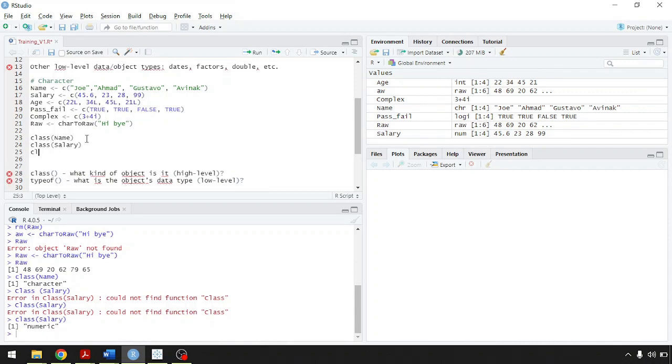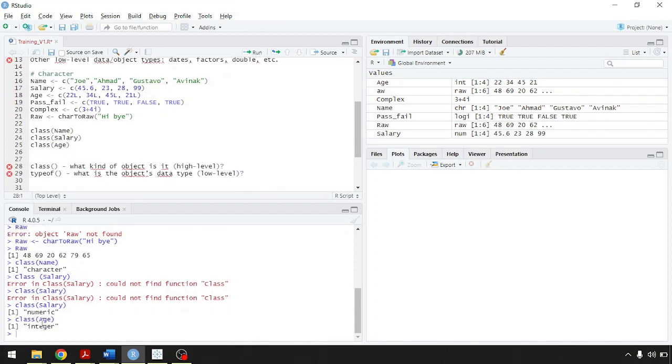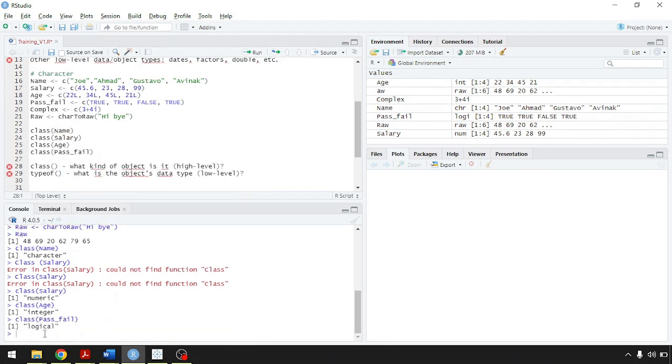Now let's see what the class of age is. That should be integer. It's integer. Let's see what the class of pass and fail is. That should be logical. Logical. Let's see what the class of complex data is. It should be complex. This is the problem with capitalization.